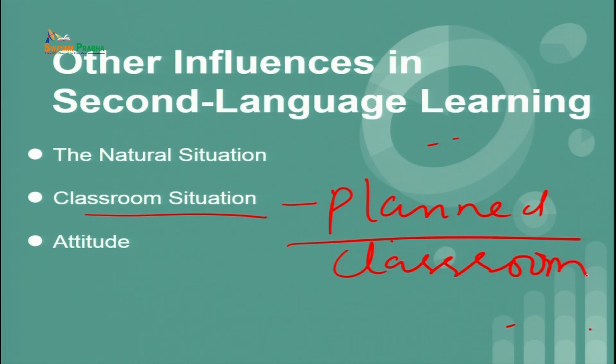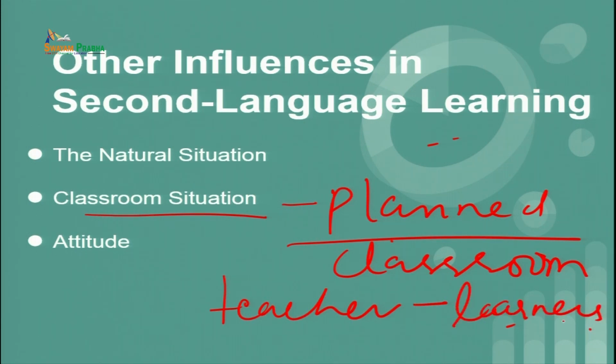where you plan tasks or activities, or you make your learners think about a particular aspect. In the room there is a teacher and the learners. The teacher is the one who knows the second language, and the students are those who are aiming to learn the language.